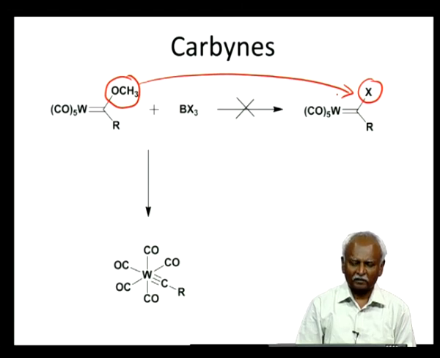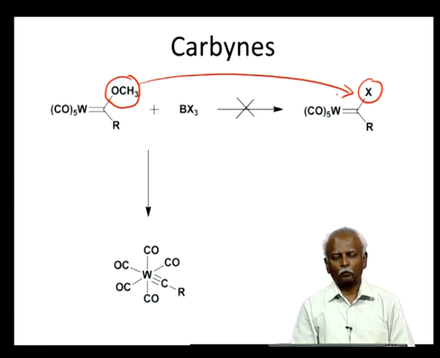So, Carbynes are relatively tricky to understand because you have now a molecule which is apparently a neutral donor, and you have the possibility for forming 3 bonds between the tungsten and the carbon.